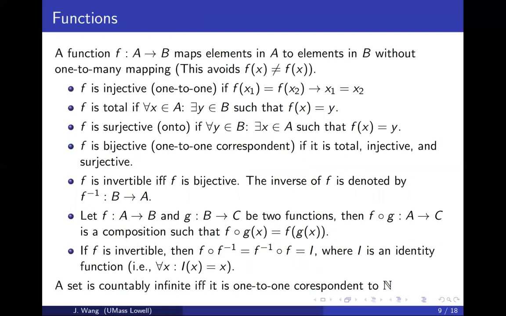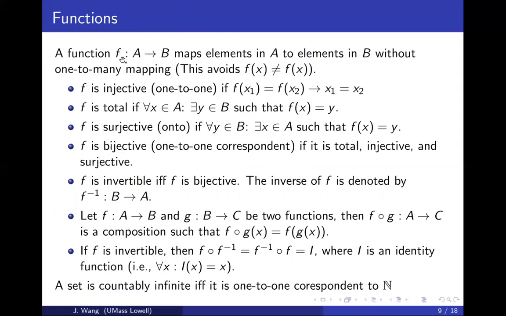Okay, it's a straightforward concept. All right, so next we're going to look at functions. We usually use a small letter to indicate the function, and capital letters to indicate sets.